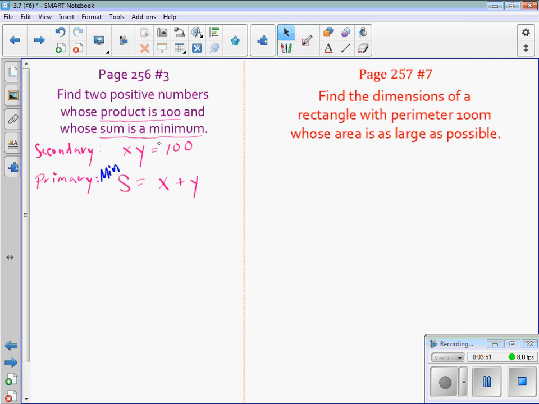That secondary equation is only there to substitute into the primary equation. So you can solve this for x or y. So let's say we solve it for y. So what is y equal to? 100 over x. And then you would plug that in for the y here.